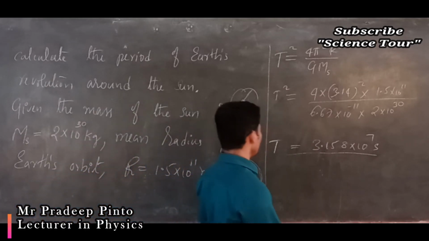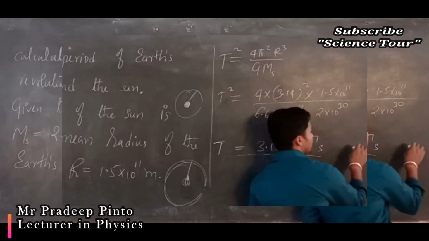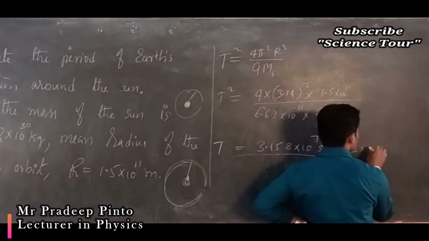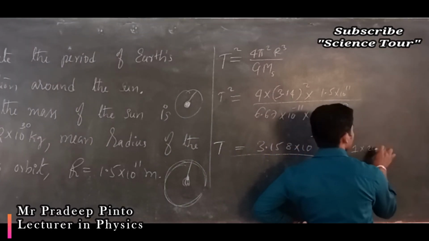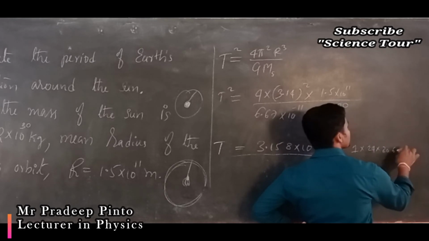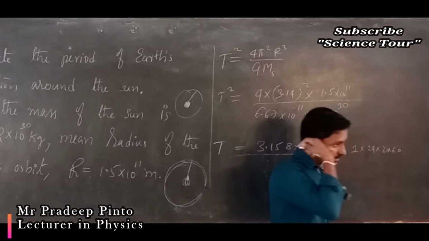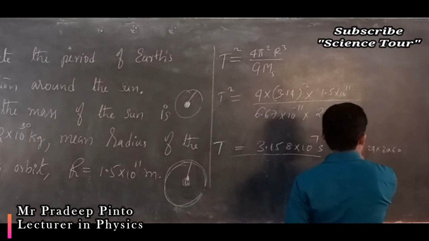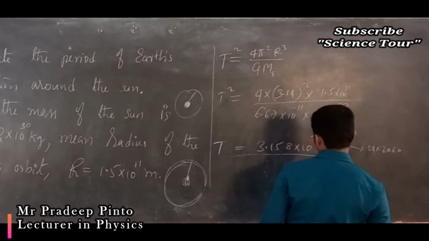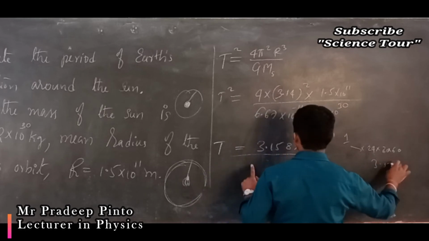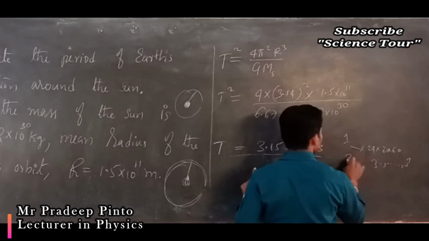Days, how can I do it? One day means how many seconds? 24 hours, 60 minutes, 60 seconds. So for 1 day it is this much of seconds. Then 3.158 into 10 to the power 7 seconds means how many days?